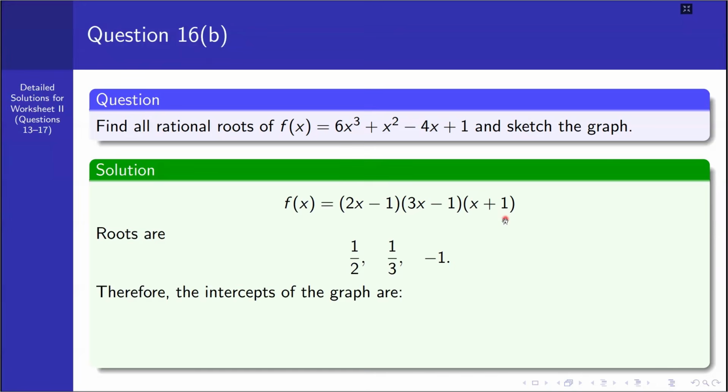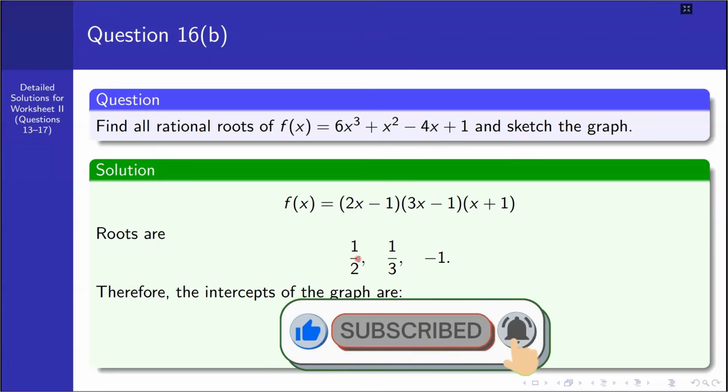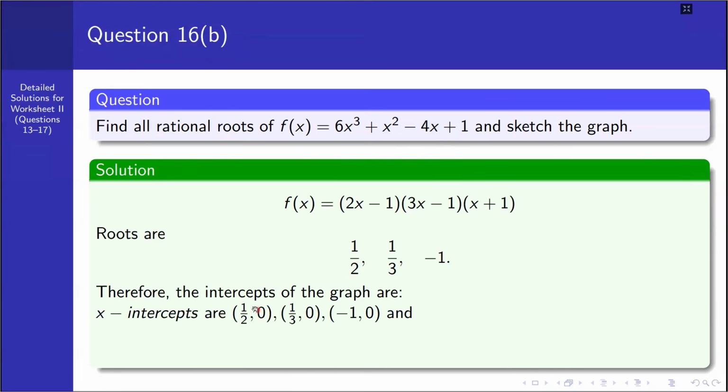And next, the intercepts. To get the graph we need the intercepts. The x-intercepts are 1 over 2 0, 1 over 3 0, minus 1 0, when 1 over 2, 1 over 3 and minus 1 are the zeros of the given polynomial function.